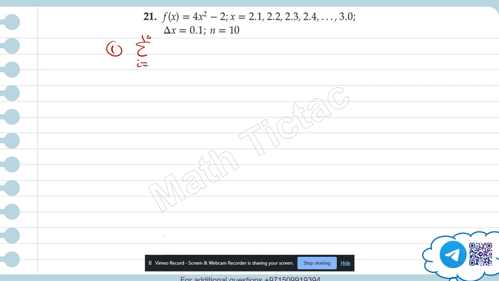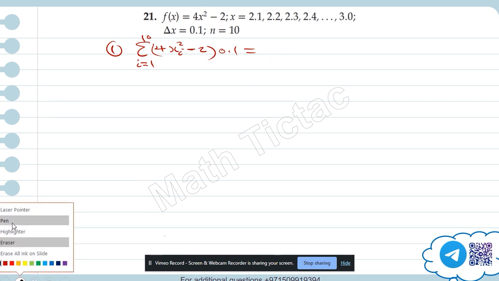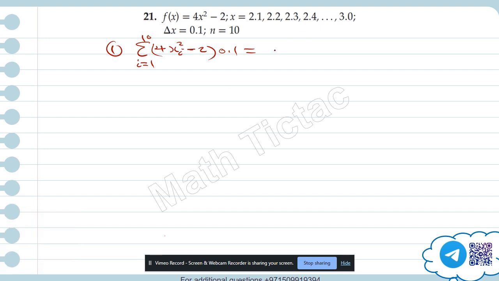Now I'll start substituting the values without writing this. So in here I will say this is 4 multiplied by the first value, 2.1 squared, minus 2, multiplied by 0.1, plus, now I'll substitute the second value, 4 multiplied by 2.2 squared minus 2, multiplied by 0.1.